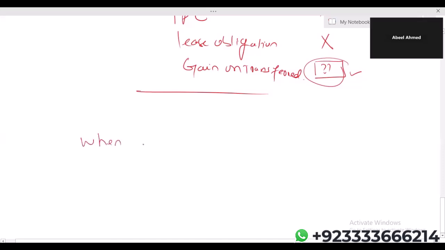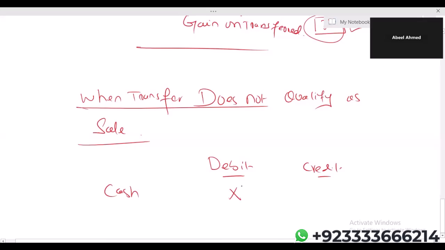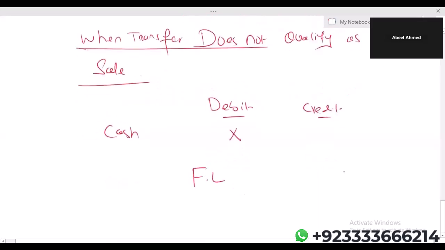When transfer does not qualify as sale, number one, lessee will not de-recognize the property, plant and equipment. Number two, whatever consideration lessee has received will be treated as financial liability. Let's say cash or bank will be debited and financial liability will be credited.